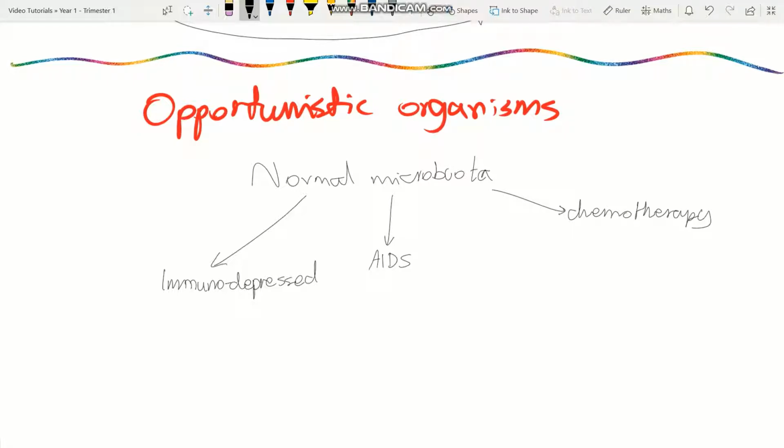So the microbiota, because there's essentially no immune system that is able to control them, become opportunistic and go from maybe being commensal or mutualistic to negative and therefore pathogenic.